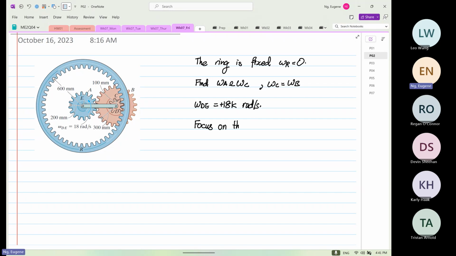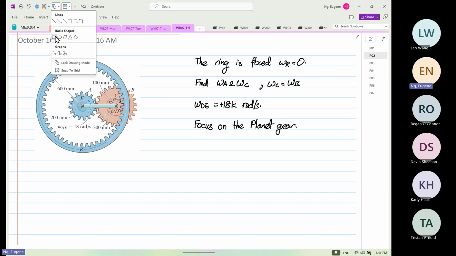I'll draw the velocity diagram, then you can see the reason why. I don't want to stand down here, start explaining, and you say, whatever. I want to show you what happens when we focus just on the planet gear.